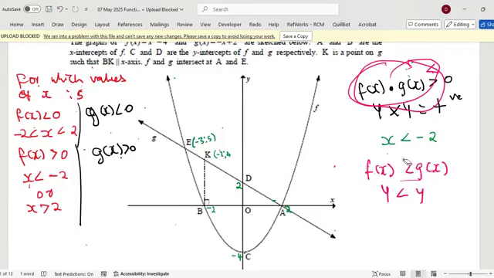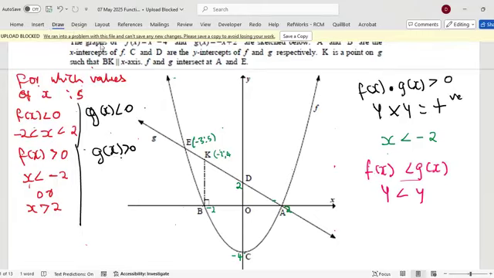So greater than, it means starting from which point to which point is the y value of f smaller than the y value of g. That is what the question is saying. So starting from which point? If we check the y value of g from this point, it is positive.